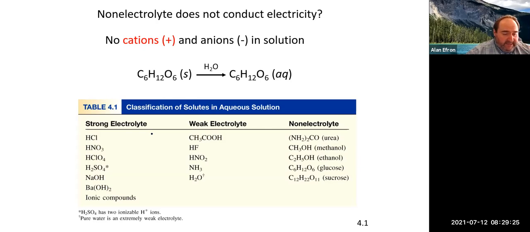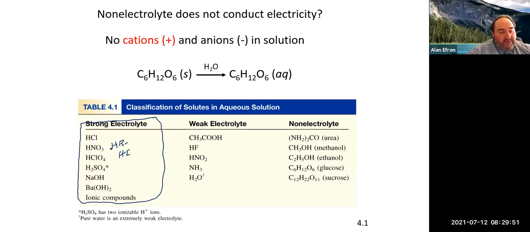conducted. Here's what I was writing on the other page there, but pretty much a lot of strong electrolytes are strong acids, strong bases, and ionic compounds. So if you see any of these strong acids, along with the couple others that I put in there, like HBr, HI, these guys are definitely going to be strong electrolytes.